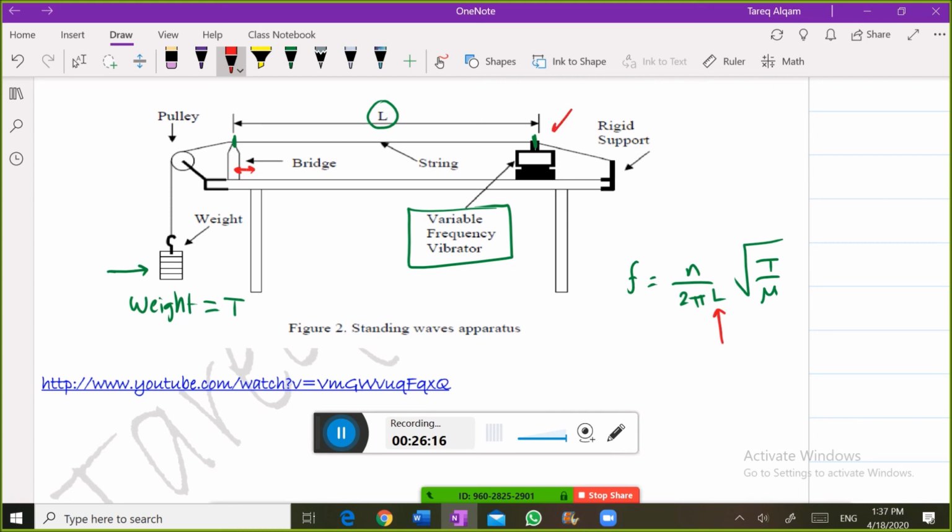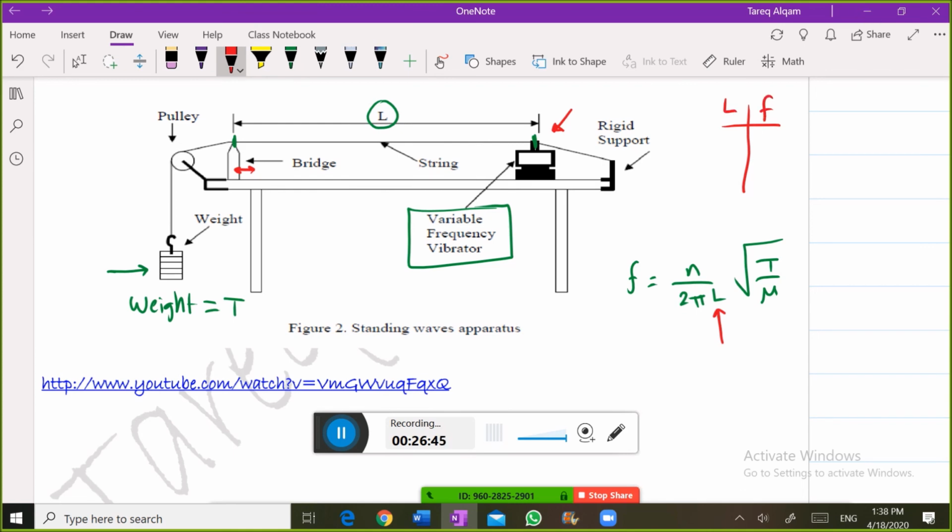We change the frequency until we get the fundamental frequency, until we get the first harmonic. Then I will have eventually this table, which is length versus frequency.